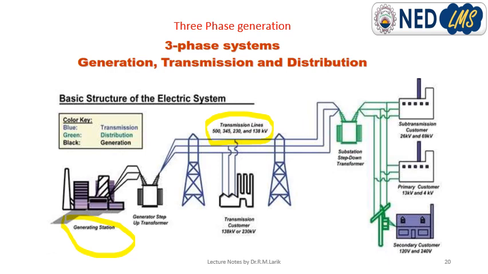After transmission, it goes to a substation for a step down transformer for distribution purposes. It steps down to a value of 11 kV, and then it goes to a distribution transformer finally, and further steps down to 400 and 220 volts.